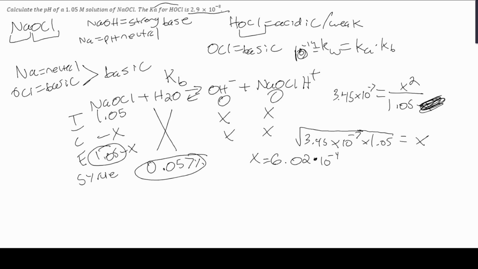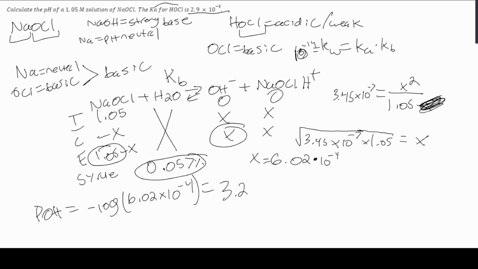So if x is 6.02 times 10 to the negative 4, that means that our hydroxide concentration is going to be 6.02 times 10 to the negative 4. So now let's find the pOH, which is negative log of 6.02 times 10 to the negative 4, which is going to equal 3.22.